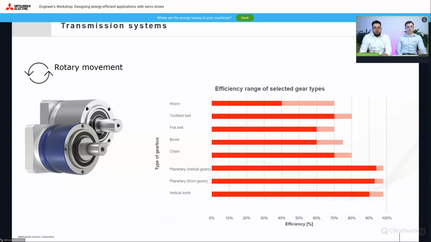Looking at the data, we can see that the efficiency of the mechanisms varies considerably, and in the case of a typical worm gearbox, the efficiency starts as low as 40%. And the most efficient one, a planetary gearbox, is around 97–98% efficiency.